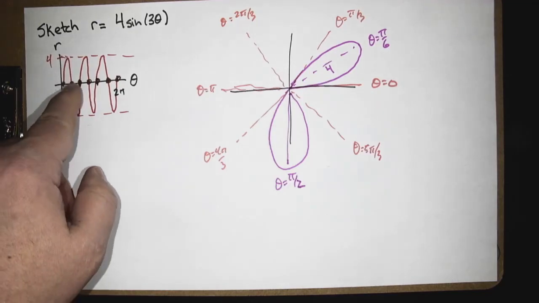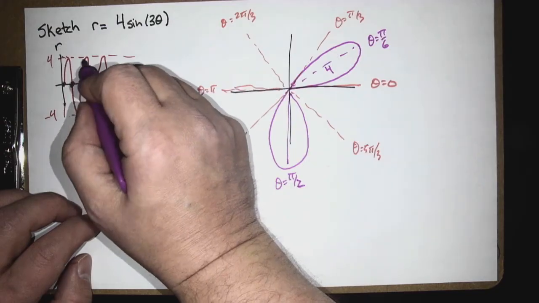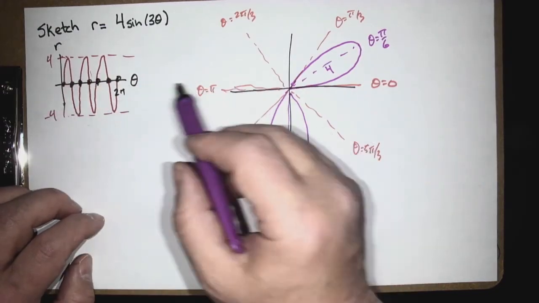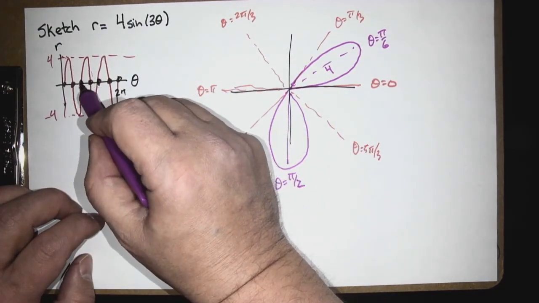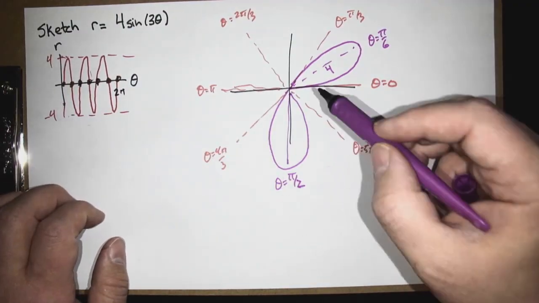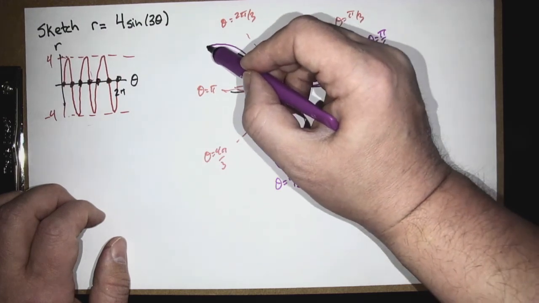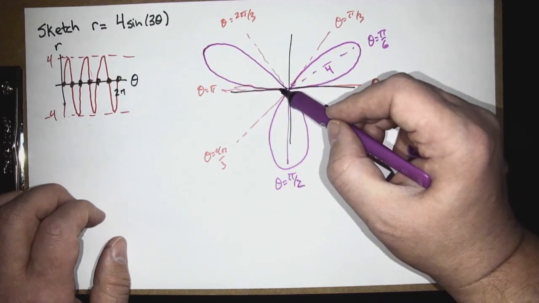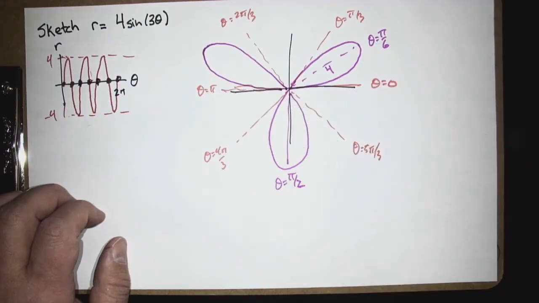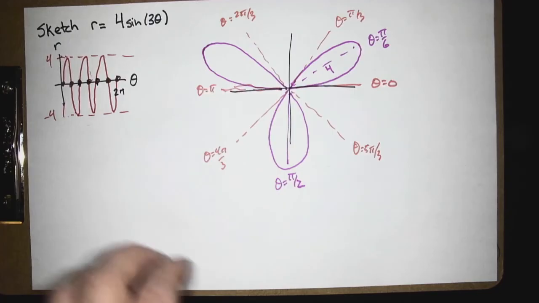Okay, now we're into this second part here, this second up stretch. So we're at 2 pi over 3 to pi. What's our sign? Positive. So we're starting at 0. We're coming off, go out, come back in. That's the second part. Now, the fun begins.